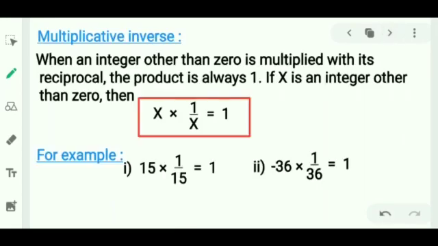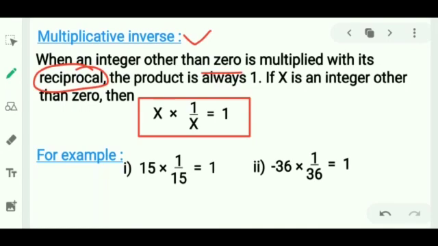Move to the next property. Multiplicative inverse. It is one of the most important properties of multiplication. When an integer other than 0 is multiplied with its reciprocal. Remember students, the word reciprocal. What is a reciprocal? For an integer, if we take 1 upon the integer, it becomes the reciprocal of the integer.